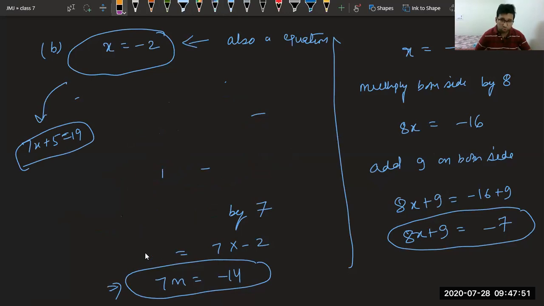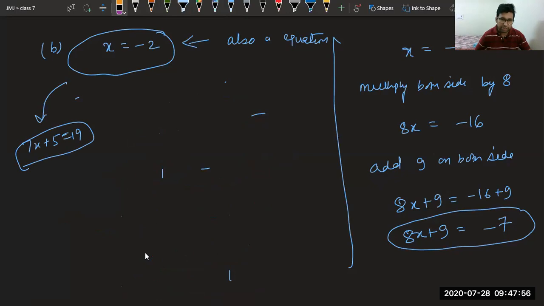No, very good. What is the mistake he has done? Ryan, you have done one mistake in this question. Please check again. I'm solving over here again. First, you have multiplied both sides with 7. So you get 7x equal to minus 14. That's it.